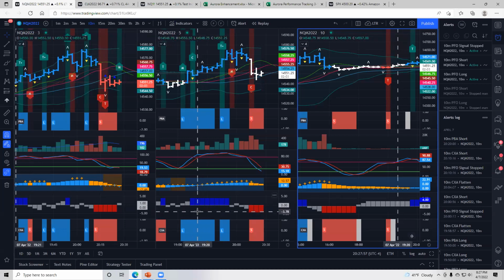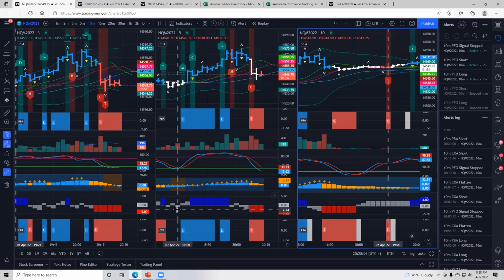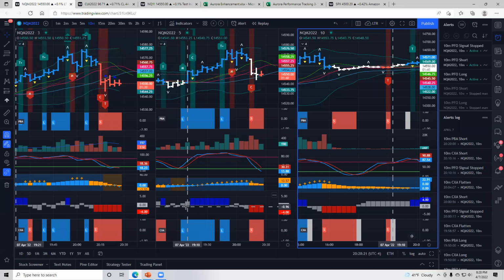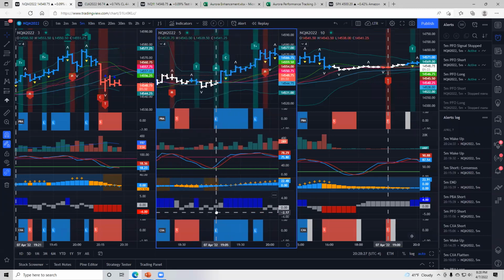But the cool thing about the PFO is you can kind of see when it might be coming, because here in this example, we had the PFO cross the 0 line. So now it's above the 0 line. We have a second gray bar that's building, and we might have more gray bars, we might reverse, but this is one of the first clues that we might have something happening where we'll get an alignment. So that's one of the things I like about the PFO: you can get a potential preview of what might be coming.